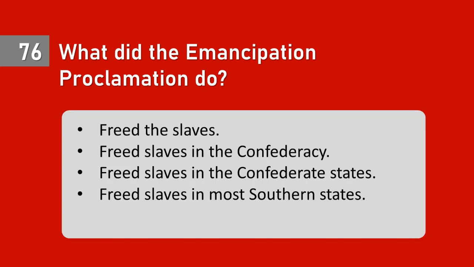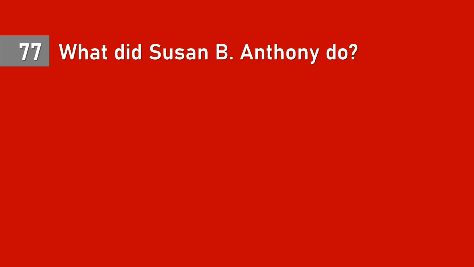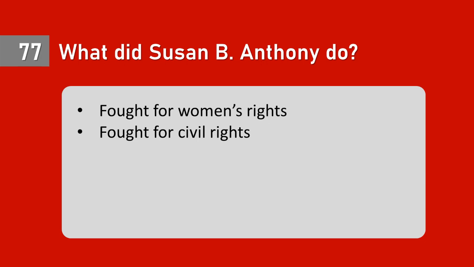Freed the slaves. Freed slaves in the Confederacy. Freed slaves in the Confederate States. Freed slaves in most Southern states. Question 77. What did Susan B. Anthony do? Fought for women's rights. Fought for civil rights.